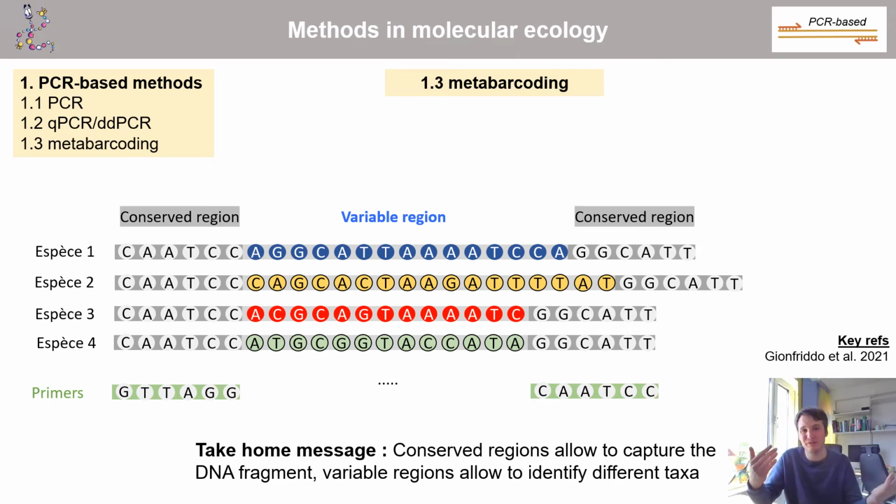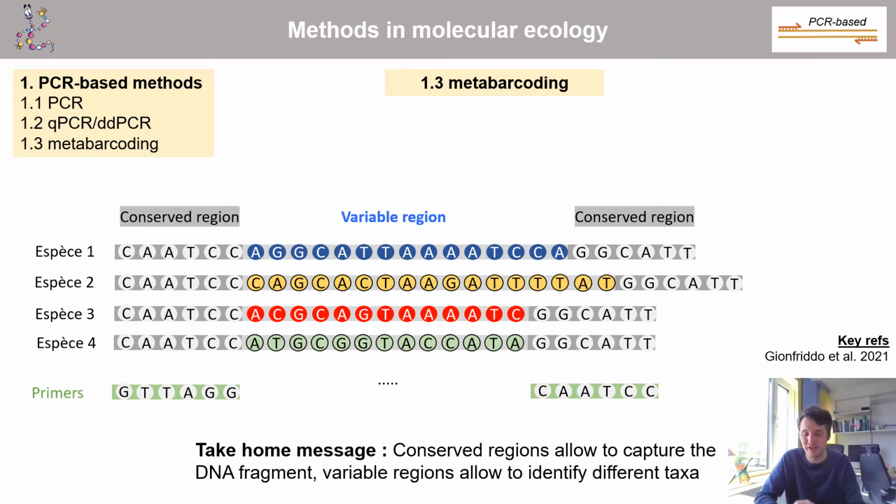And between those conserved regions, you can also find variable regions. And this is very interesting because if you amplify the conserved regions from different species and you sequence them, you can identify the different species using the variable regions. This is the basis of metabarcoding.